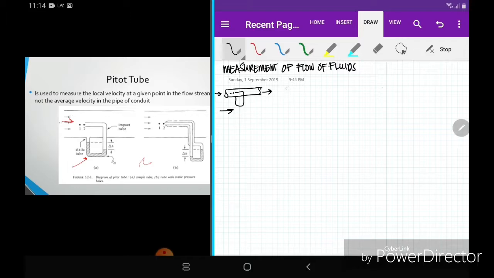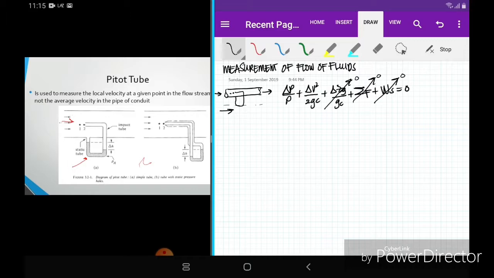Ano nga ba equation natin for Bernoulli? We have delta P over density plus delta v squared over 2 gc plus delta z g over gc plus the summation of all the friction losses plus the shaft work is equivalent to 0. Now, since the system is too small, the friction losses are equated to 0. And walang pipe dun sa system, so shaft work is equivalent to 0. And wala ring elevation, so this will become 0 also.